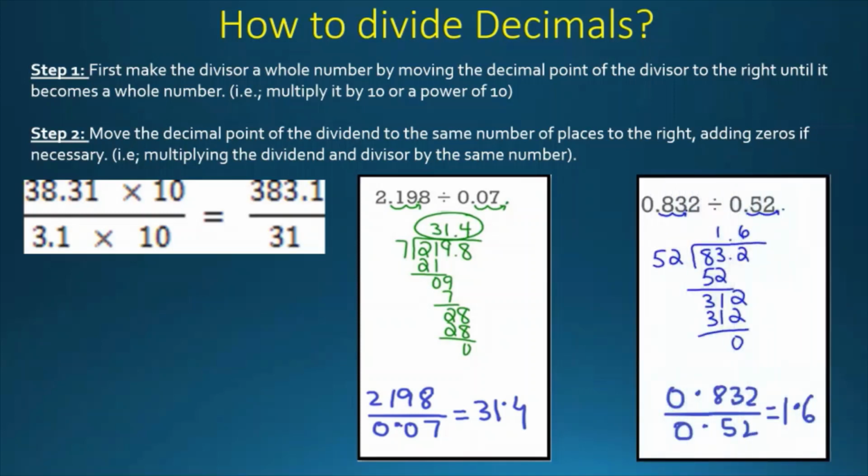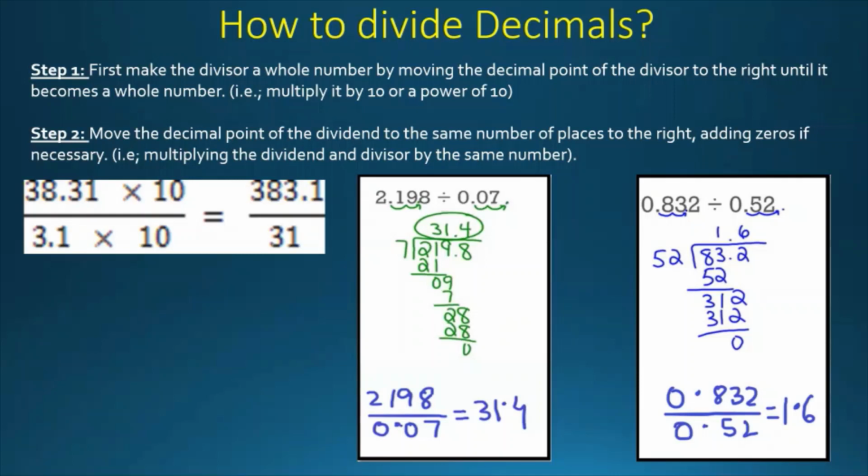Another example here is 0.832 divided by 0.52. If you multiply by 100, it becomes 83.2 divided by 52. The zeros before the decimal point will just be dropped because they have no value.